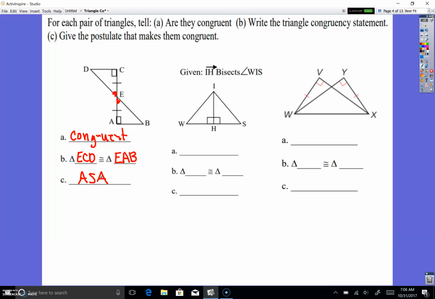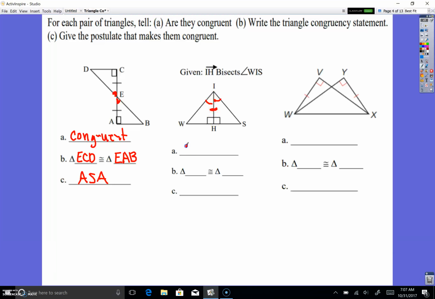I have IH bisects WIS. IH bisects WIS, so that means it cuts this in half. So this side is congruent to this side. Now we know this is because of the reflexive property. This is the same. So again, I have angle, side, angle.